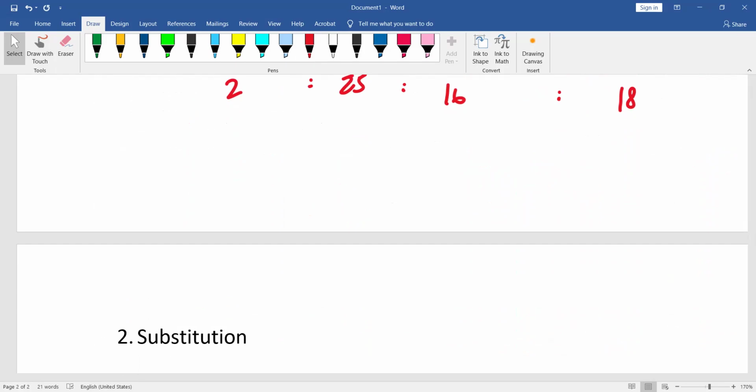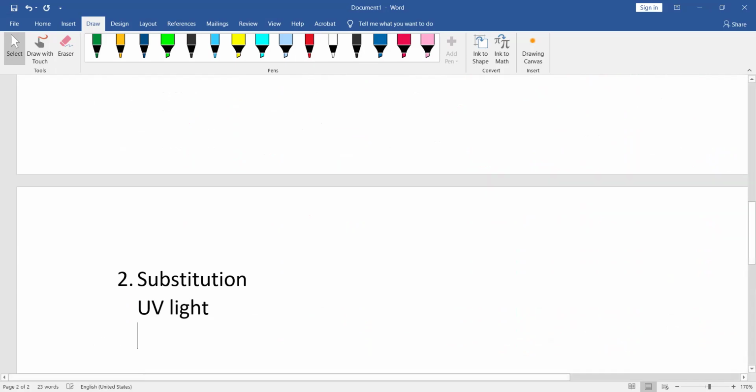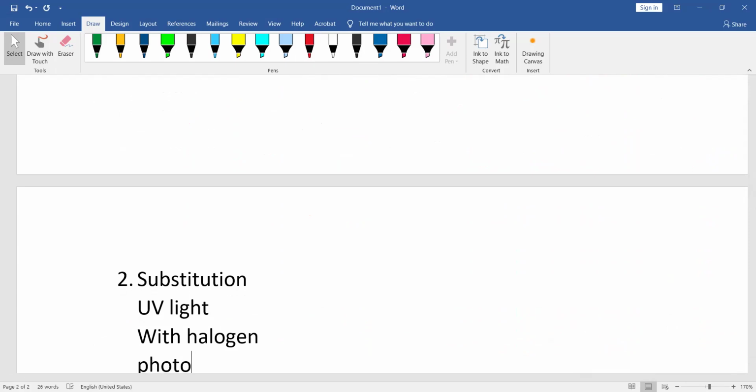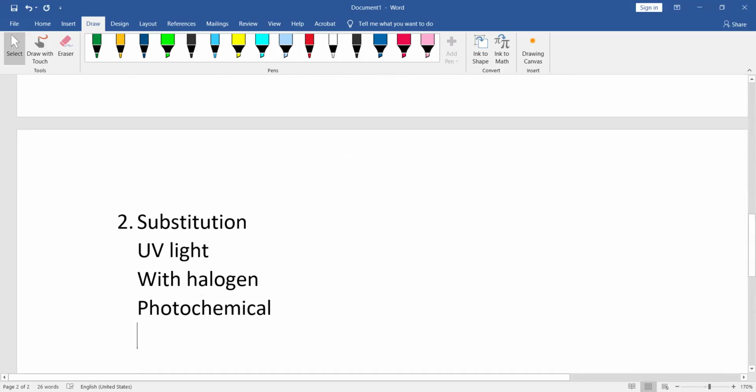Substitution can only happen when there's UV light with halogen. Halogen is usually chlorine, and it is known as a photochemical reaction. Photochemical reaction means a reaction that needs sunlight or light.